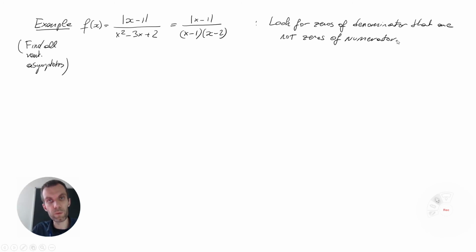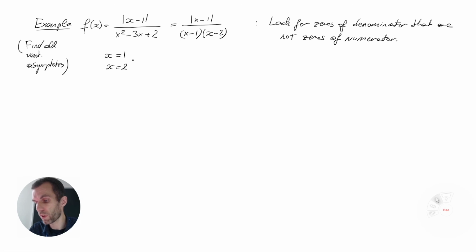Because we want that limit to go to plus or minus infinity, and that is something that happens when the denominator becomes 0 without the numerator becoming 0. So here we have x is equal to 1 and x is equal to 2.